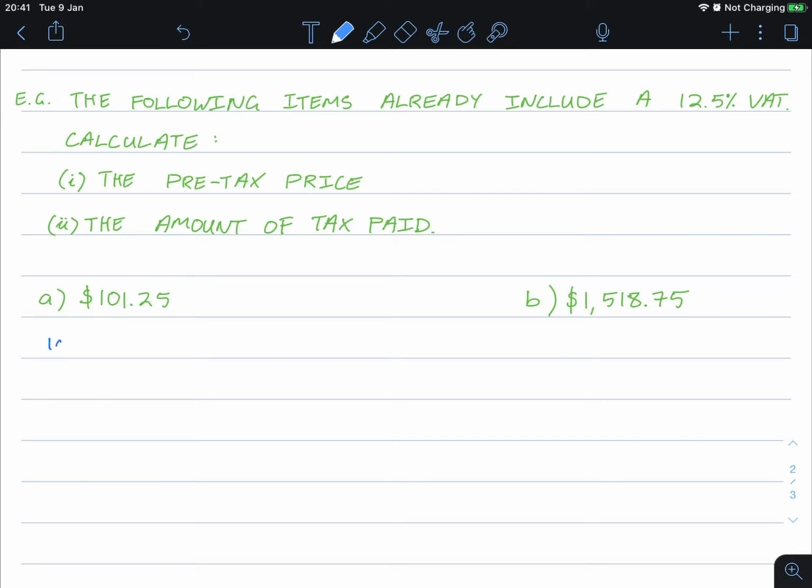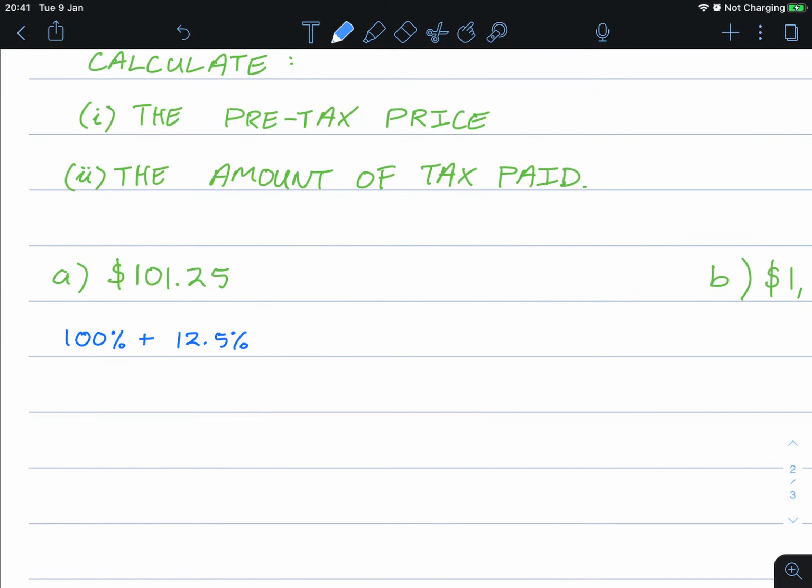So we can think of this as the original 100% plus 12.5%. This gives us 112.5%. And this is how much we paid for this amount here.